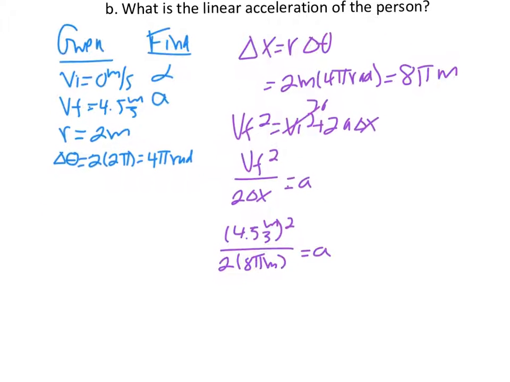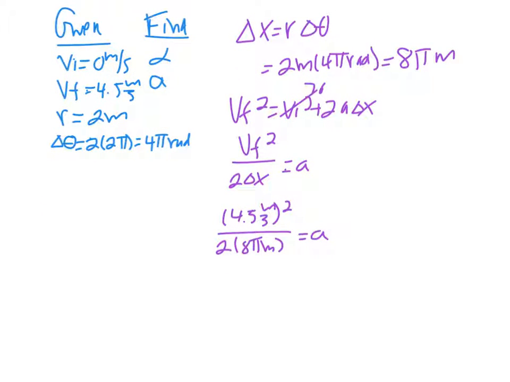And this will come out to 0.402, keeps on going, meters per second squared. So my linear acceleration, again I solved part B first, is about equal to 0.4 meters per second squared.